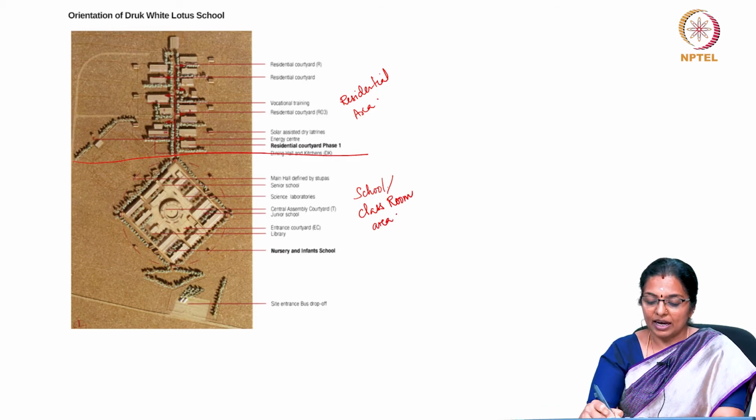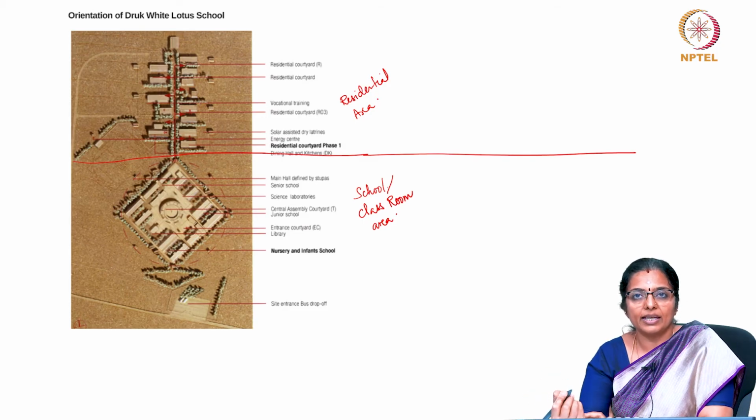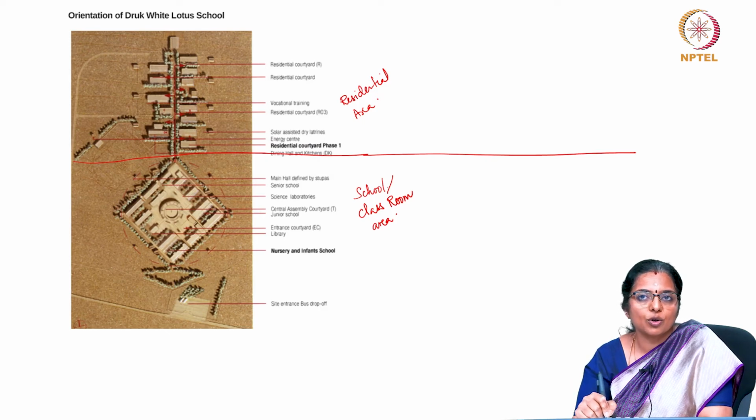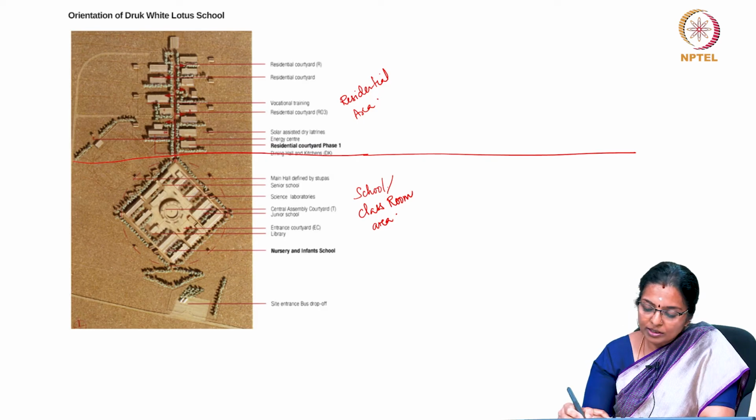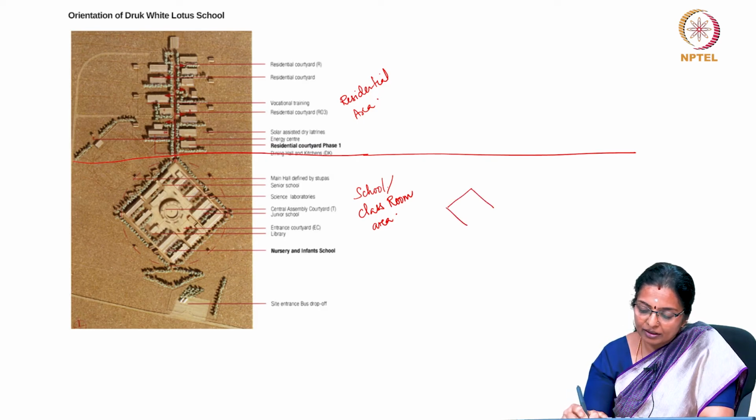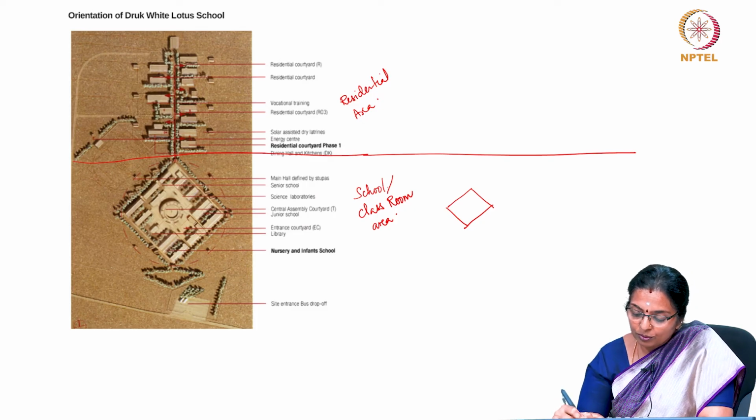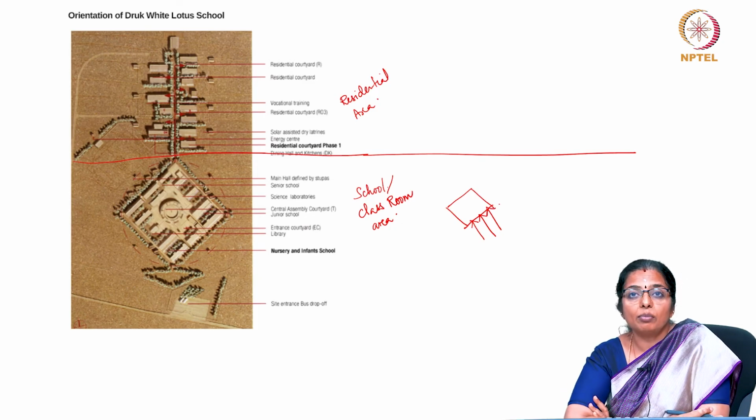If you look at the school and classroom area, these are designed to take maximum advantage of the sun. During daytime, teaching and learning happens here, and this is oriented 30 degrees from the south towards the east. Because of this orientation, they are able to optimize on the unique solar potential of this place.